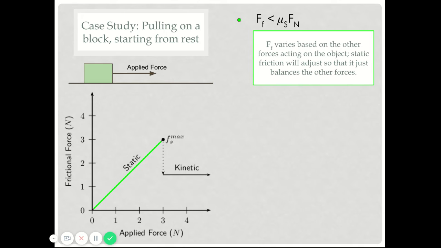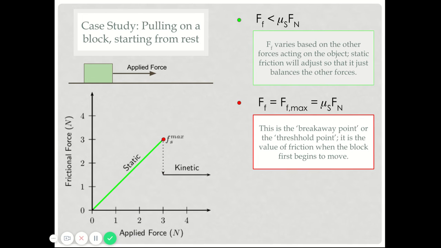Its value will always, though, be less than a certain maximum value that occurs right when the object breaks away, the threshold point when things start to change from not moving to moving. And that moment, that force, that's the only one that can actually be calculated using the formula that we often see, the mu times the normal force.